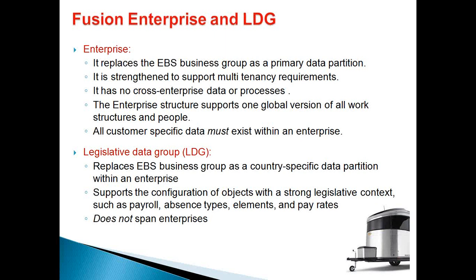So enterprise to enterprise is hard partitioned, and the enterprise structure supports one global version of all work structures and people. So maybe your business is spread across the globe, you have operations in multiple countries, but one enterprise structure supports the entire business, and it is customer-specific data within the enterprise.